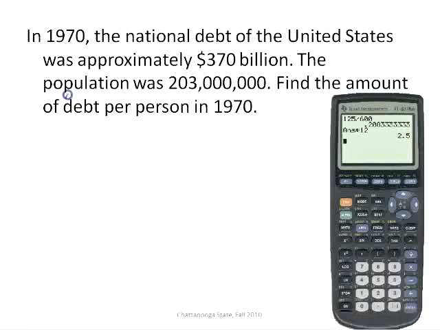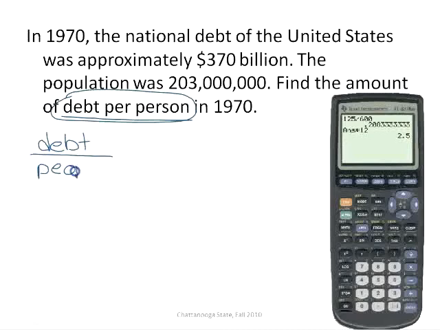So when you see a problem like this, and we're trying to find a rate here, something per something, the question really tells you what you want to do. We want to find debt per person. So that means we want to divide the debt by the number of people.